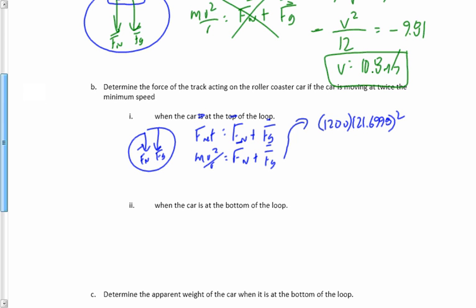If we took the unrounded version of this and doubled it, it's 21.6998, divided by R, 12 meters. Now we've got to worry about some signs here, negatives here. This is negative because its centripetal force is down. So is this. Gravity is always down.